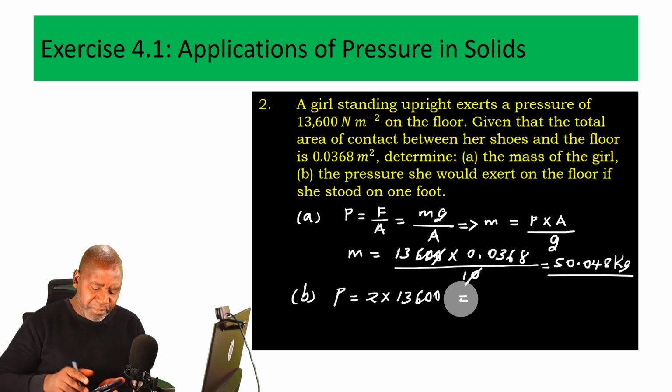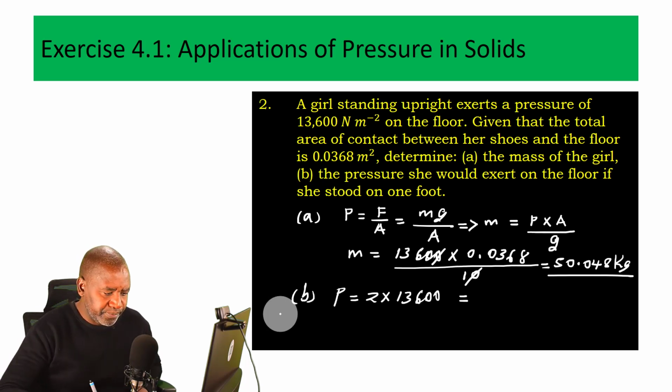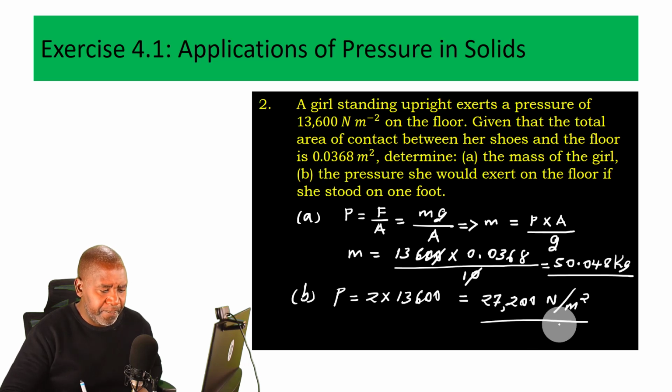And that gives me 2 times 13,600. Yes, that is correct. 27,200. So the new pressure is 27,200 newtons per meter squared.